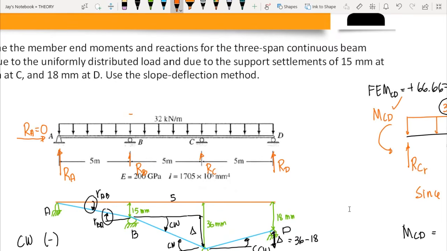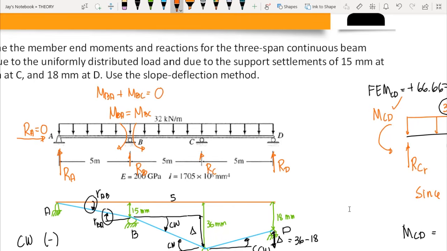Looking at this diagram, we have a joint condition: at point B and at point C, the forces should be in equilibrium. Therefore, moment BA and moment BC should have the same magnitude, so MBA plus MBC gives us 0 sum.